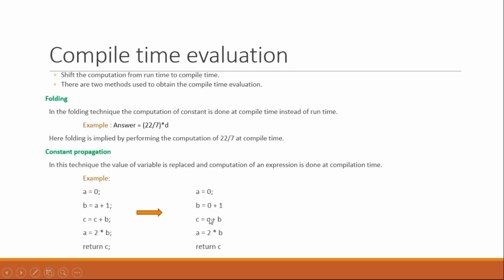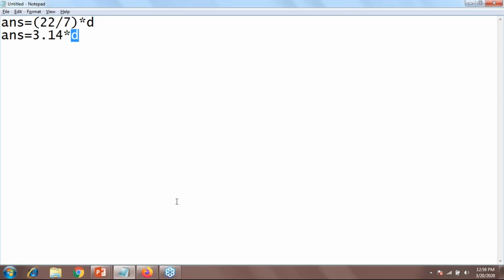assigns the values to your variable, right? So it will be done at the compile time, by the compiler, right? Is there any question? Okay, let's take one more example of constant propagation.